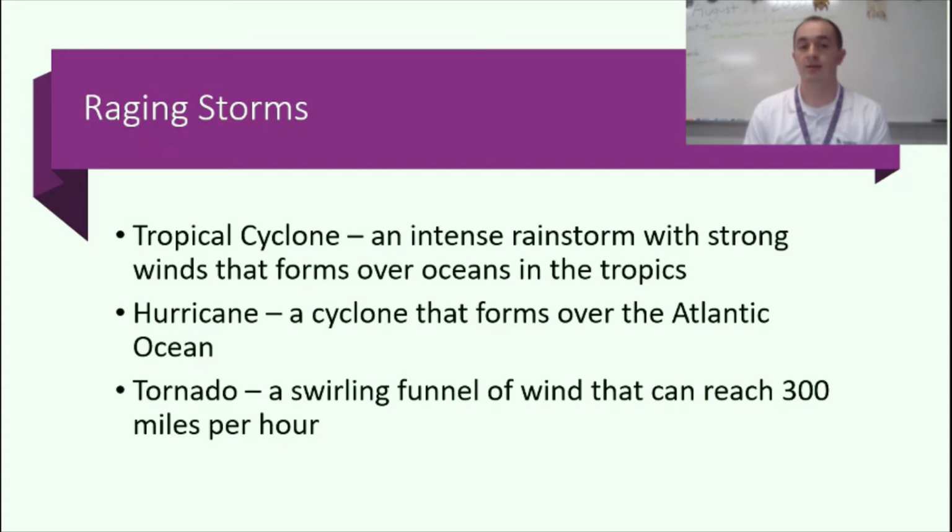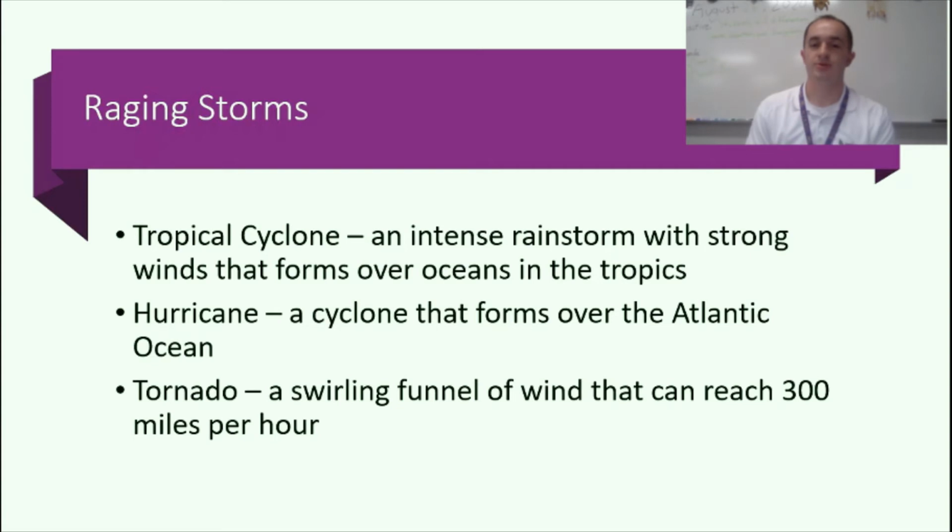Japan gets cyclones the same way that we get hurricanes, except since it forms in the Pacific, or one might form in the Indian Ocean and affect India, it is technically not a hurricane. A hurricane is only one that forms from a tropical storm in the Atlantic Ocean.